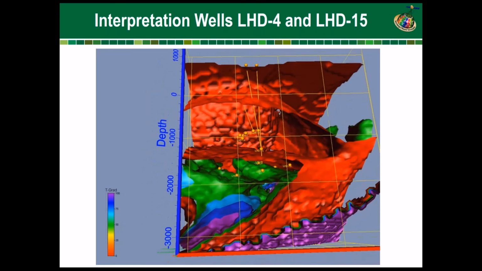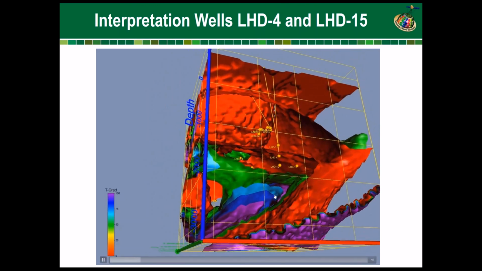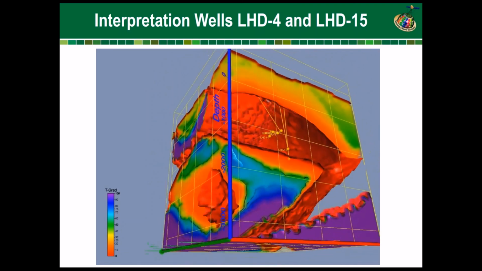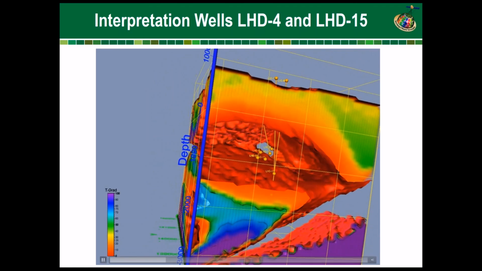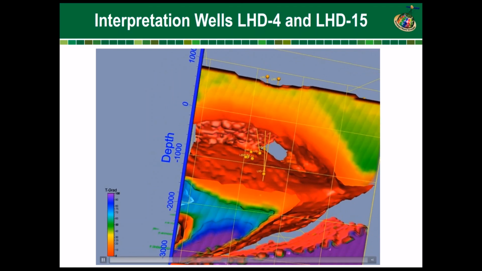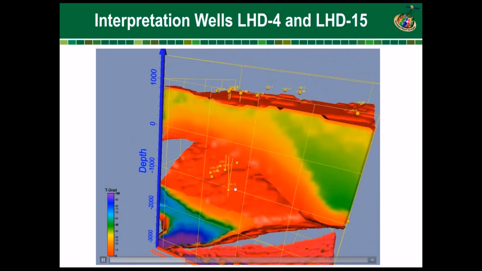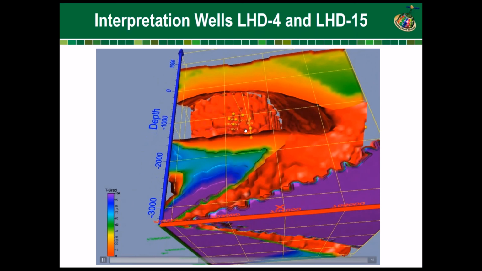Let's take a look at two particular wells, or their locations, and how they fit into the logic of convective and conductive areas in connection with finding the geothermal deposit. So LHD4 and LHD15. LHD15, the bottom hole location is right here, right in the center.